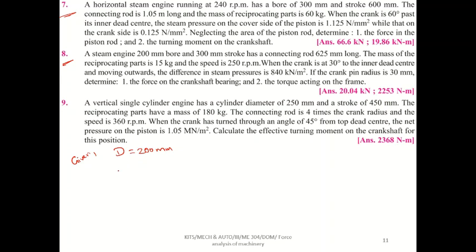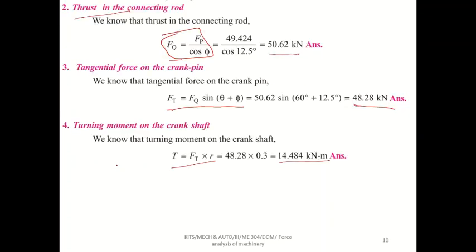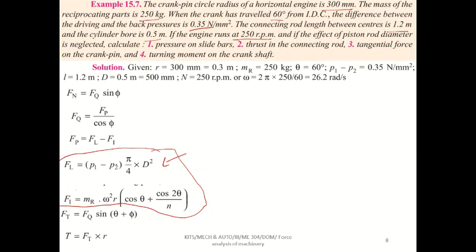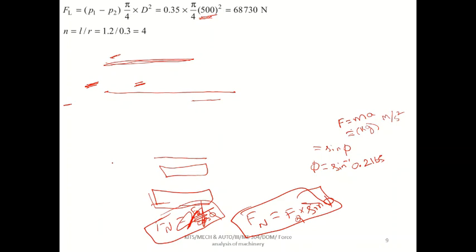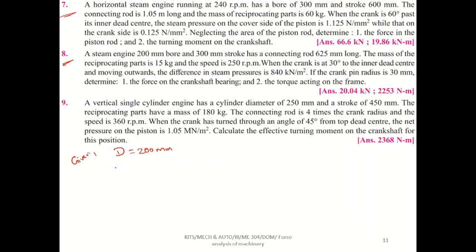Stroke, I told you, no, stroke means 2 into R. So stroke value is 300, 300 means 2 into R equal to 300. Then connecting rod length is 625.